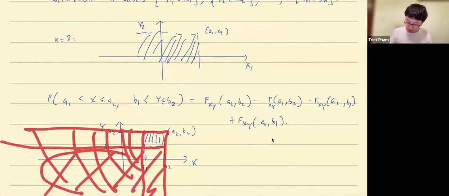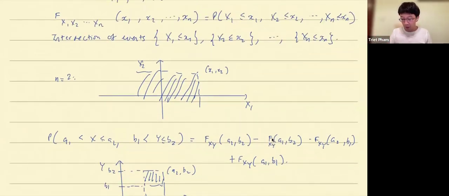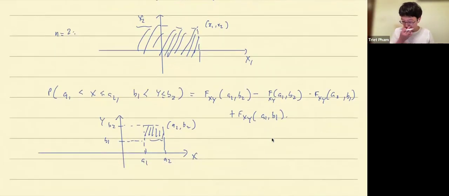And then you see that this part is being subtracted twice, so you add back once, which is F_XY(A1, B1), the area to the left of this rectangle. So anyway, it's really just the inclusion-exclusion formula at work, again showing that this is nothing but the intersection of events, as we look at it.